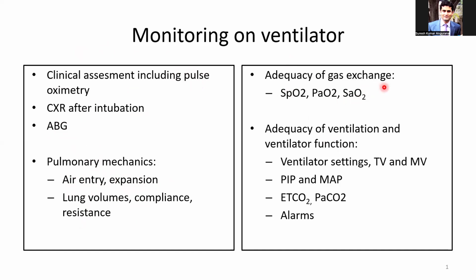Adequacy of gas exchange, we can have some idea about SpO2, PO2, or saturation. Adequacy of ventilation and ventilator function, we can know what is the tidal volume, what is minute ventilation, PIP and MAP delivered, and values from EtCO2 and arterial CO2 to see for adequacy.